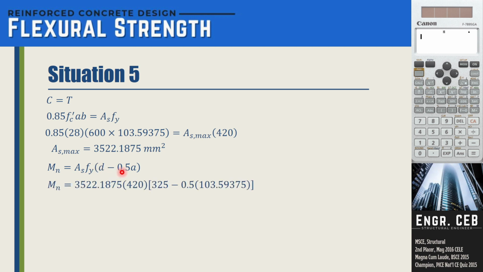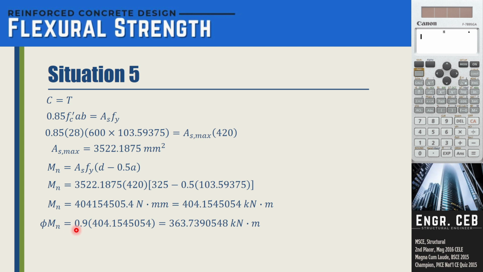We substitute As, then fy is 420, and then d minus 0.5a. Therefore, we have Mn equals 404. In kilonewton meter, that is 404.15.